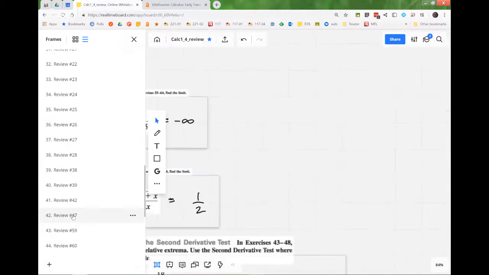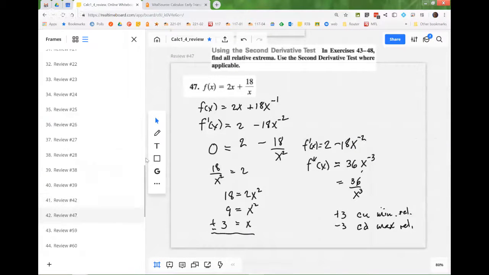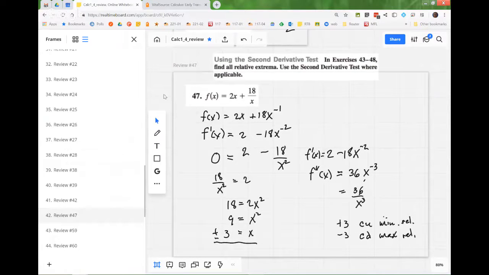So let's look at 47. The problem is 2x plus 18 over x, which you could rewrite as 2x plus 18x to the negative 1. Use the second derivative and find all extrema. What the second derivative helps you do is determine if they're concave up or concave down.